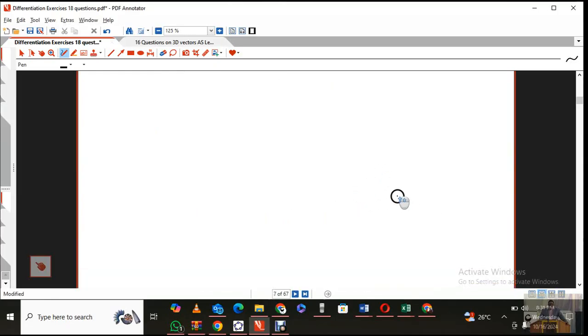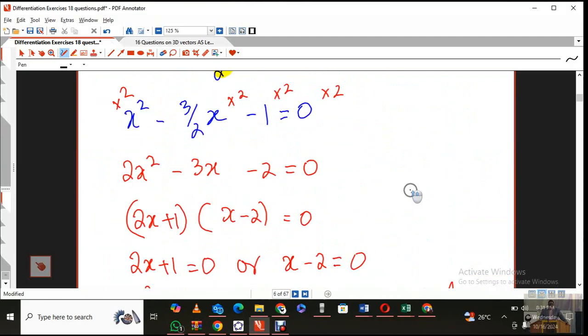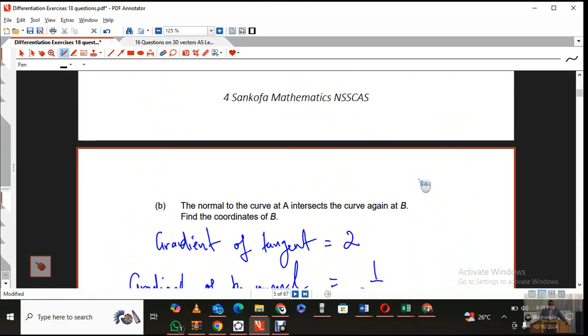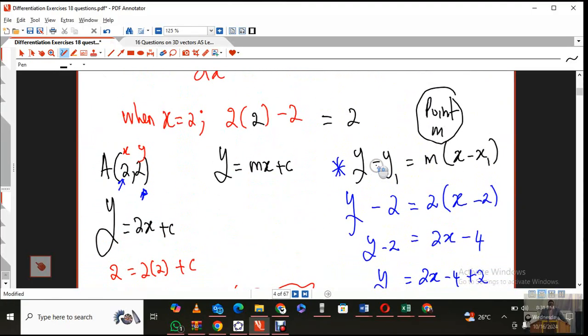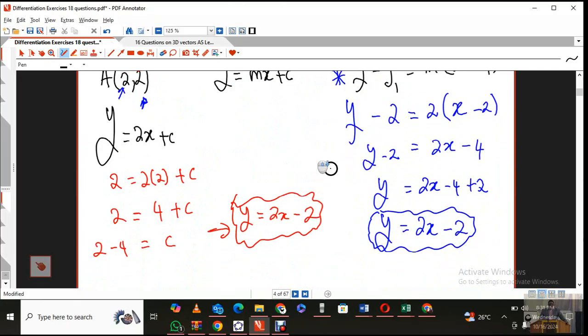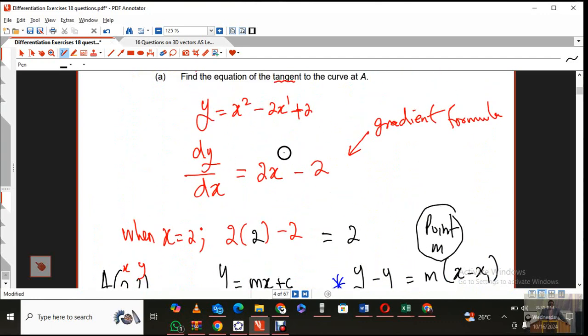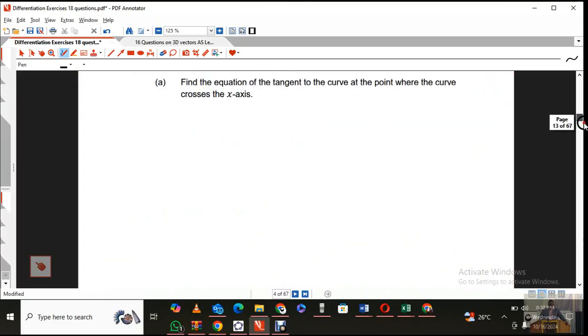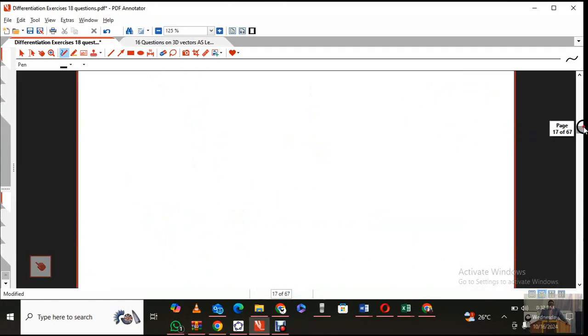When I was introducing this concept, I specifically said that the gradient formula dy/dx, which is 2x minus 2, should not be confused with the equation of the tangent. This formula, dy/dx, allows me to find the gradient at any x value on the curve. So I'm going to take that new x value and input it here in order to find the gradient of what I'm now looking for.